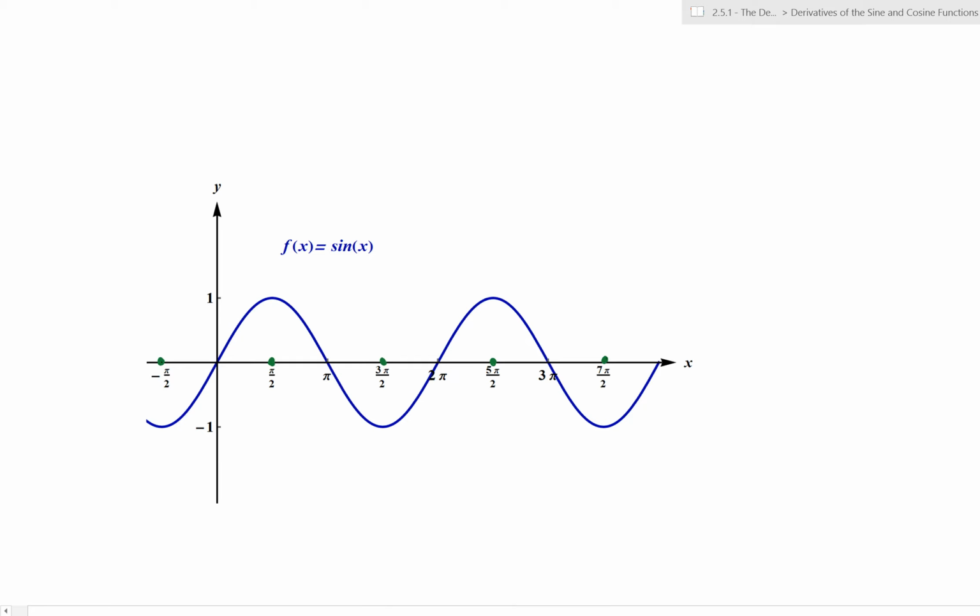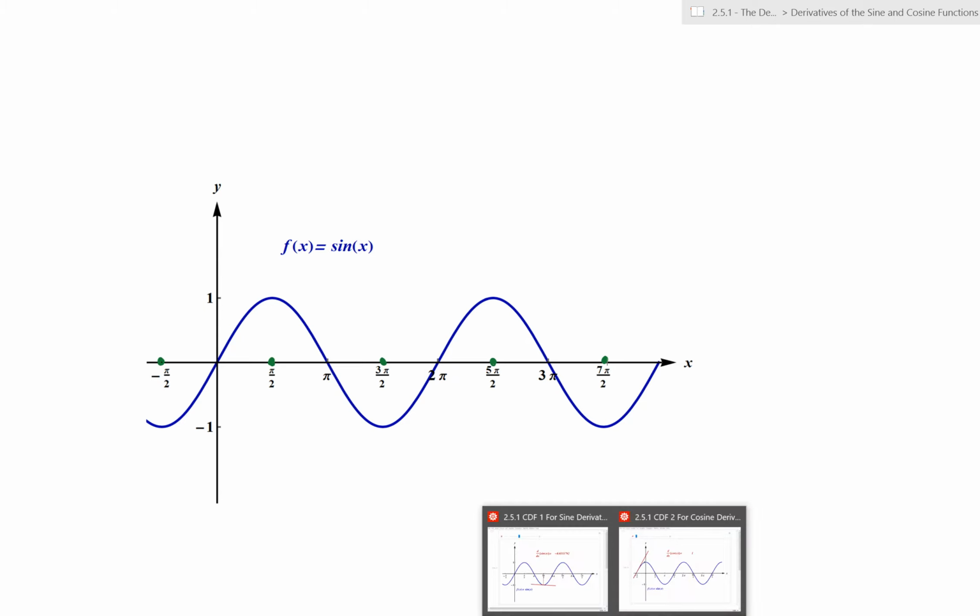The slope of the sine function is 0 there because the tangent line will be horizontal. So you start thinking, that seems like maybe there's some type of cosine related to this.